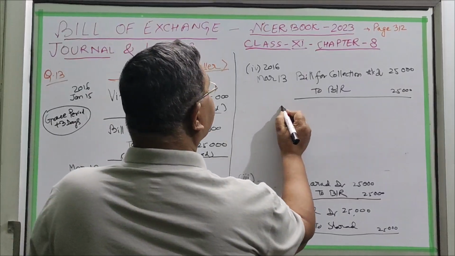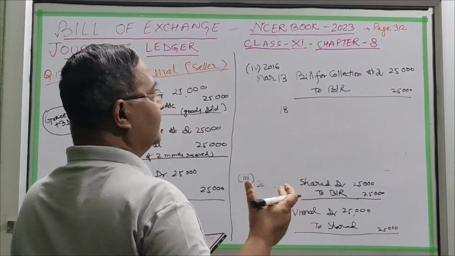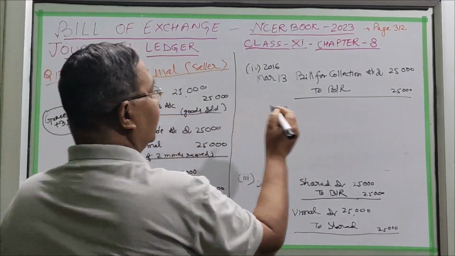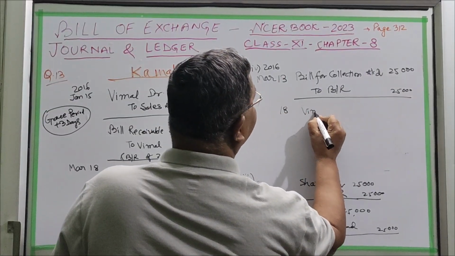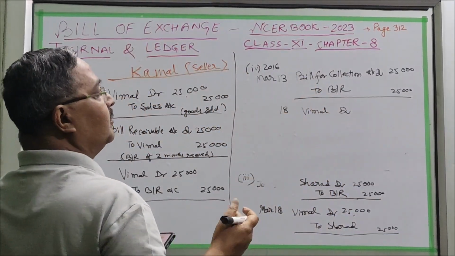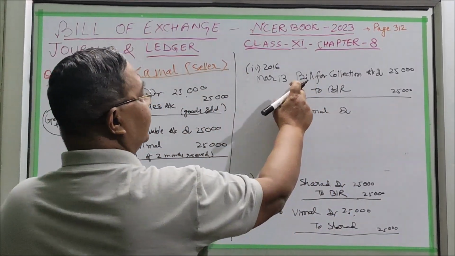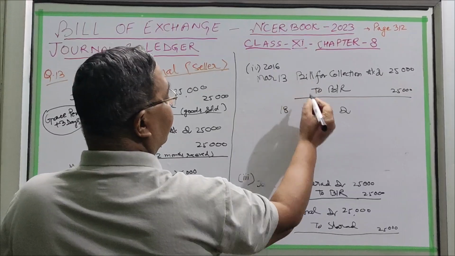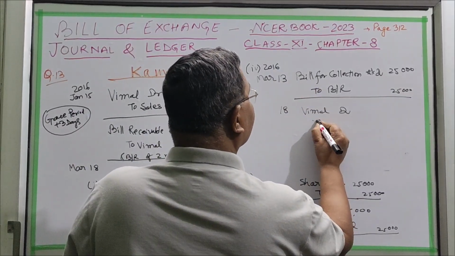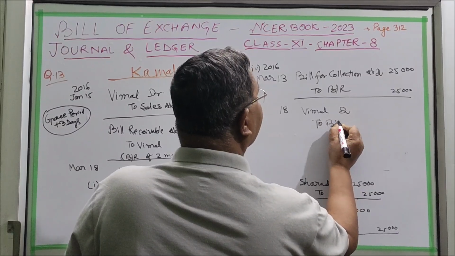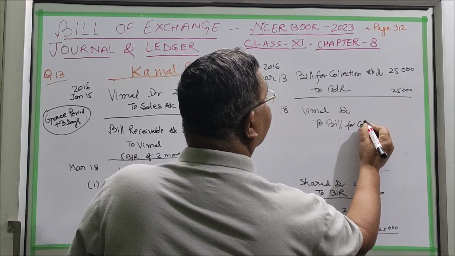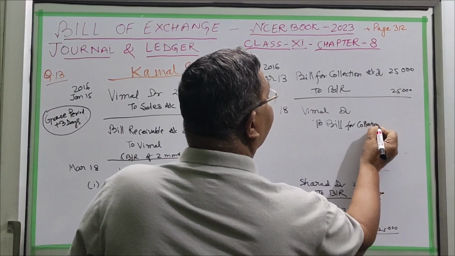But on 18th March, what will happen? Bank is not getting any money. So again, this Vimal will be your debtor. So Vimal is debit. Vimal is debtor, and this bill will come back to you because you have not got any money. This entry you have to reverse. Bill for collection account.